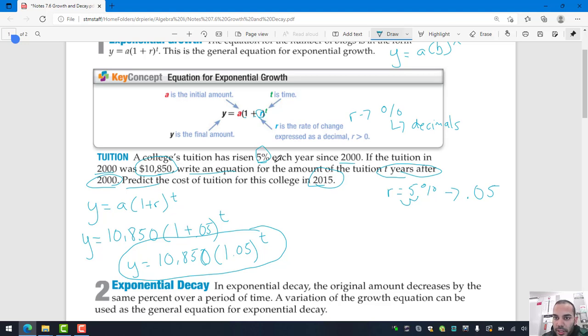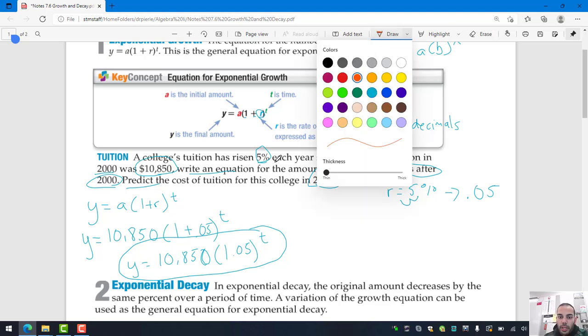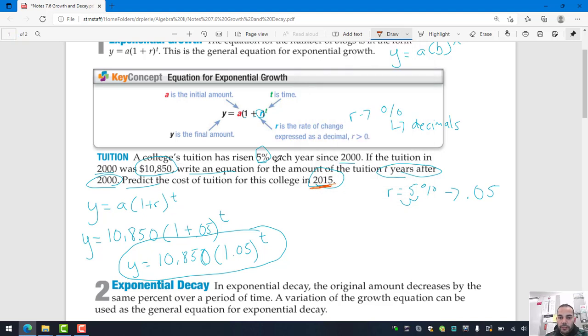Now what they're asking us specifically is what is the cost in the year 2015. So what we've got to determine is what should I plug in for t if I'm trying to solve for the cost in 2015.